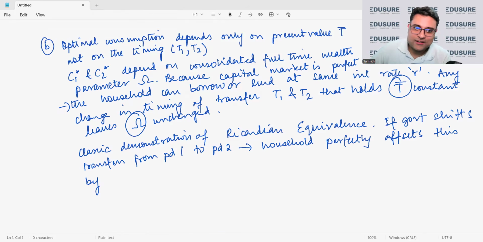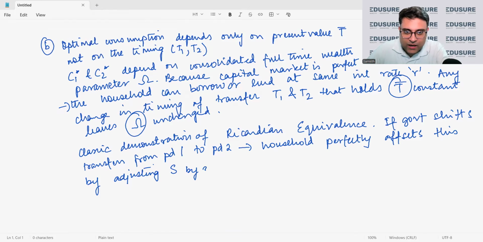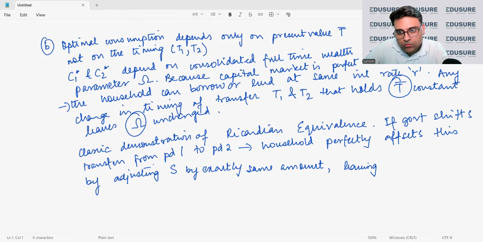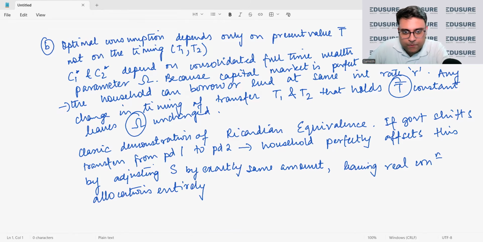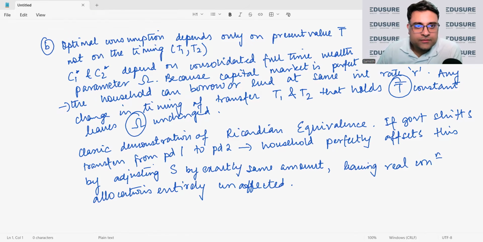So the tool that the consumer has in their own pocket is the savings, offsets this by adjusting their private savings by exactly the same amount, leaving real consumption allocations entirely unaffected. Clear? All right. So this is my part B.